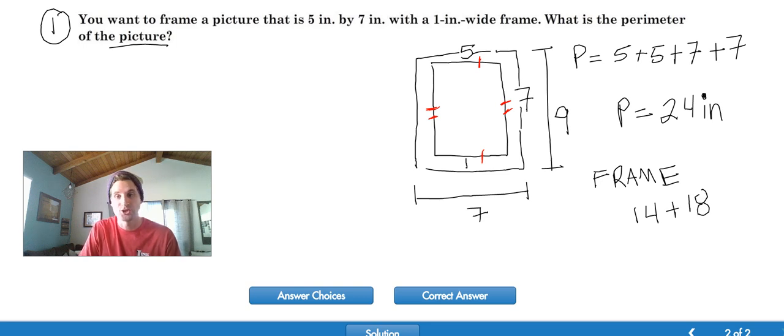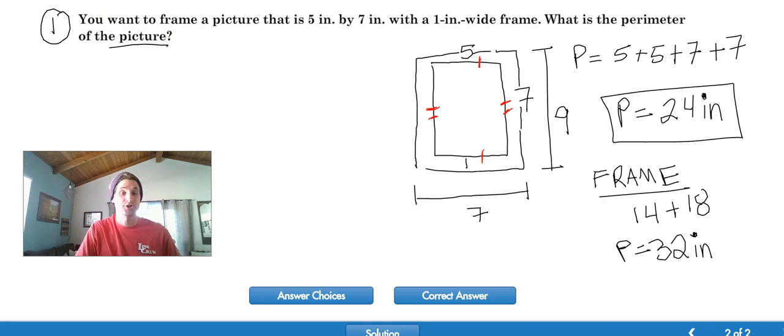We add those 2 together, and we get 32 inches for the perimeter of the frame. Okay? This is not our answer, because we're looking for the picture. Alright, so drawing pictures, remember? Always important.